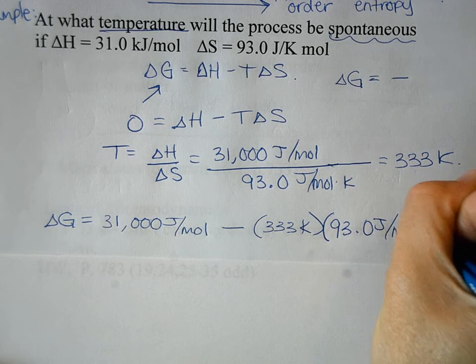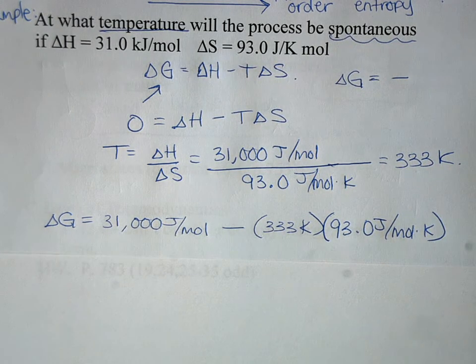If I plug that in, you'll get your delta G to be 0. So then the question is, what temperatures do I need to make my delta G become negative? Do I need my temperatures to be greater than 333 or less than 333? What do you think? Greater than, right? Because if this number is bigger, then I'll be subtracting a bigger number, which will give me negative delta G.